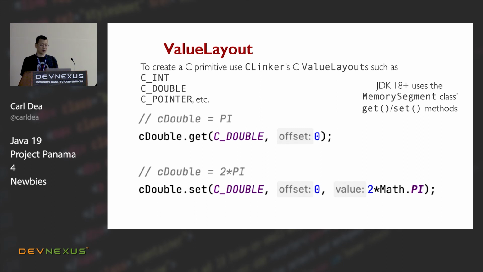They may change that API, because you know the type. It says C double, and I know from the mapping it's 64 bits, it's 8 bytes. Why do I need an offset? They might change that. And of course, you want to set the value. I think I said it the other way around. But setting the value, again, you have to type in the offset and the value you want to set it to.